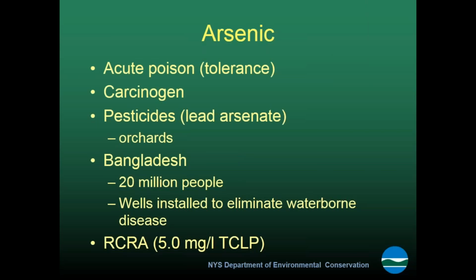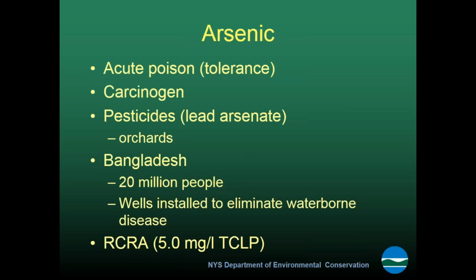Okay, next chemical that I want to talk about is arsenic. Arsenic is an acute poison. There's a famous play called Arsenic and Old Lace, made into a Cary Grant movie, where the characters were poisoning people. They had developed a tolerance, just like iocane powder.